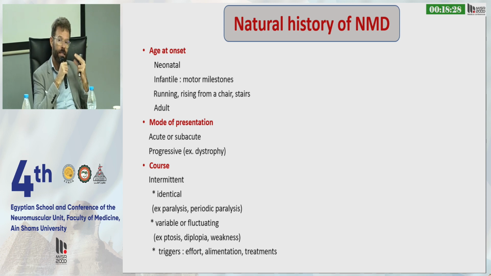And it's important that you ask the mother to compare with other pregnancies. For example, someone can tell you the first born moved normally, but the second one I didn't feel at all, and this could be a sign of antenatal neuromuscular involvement.